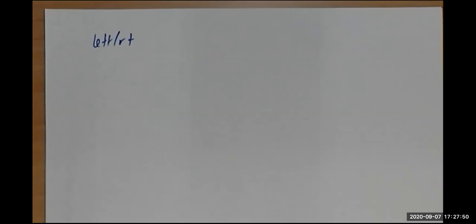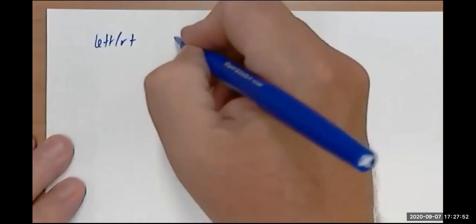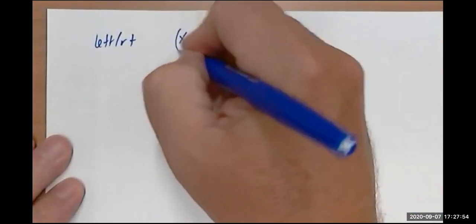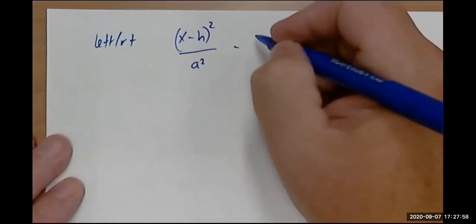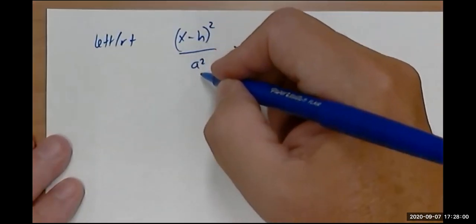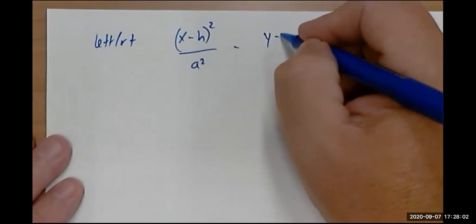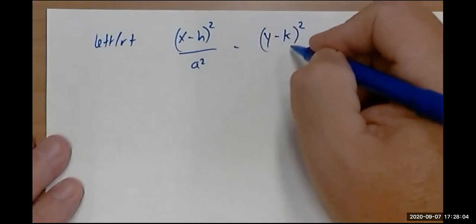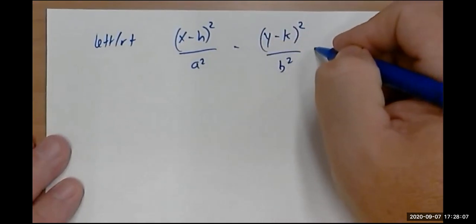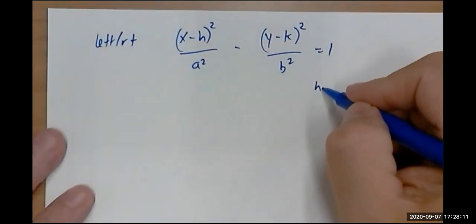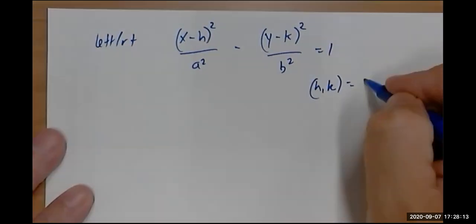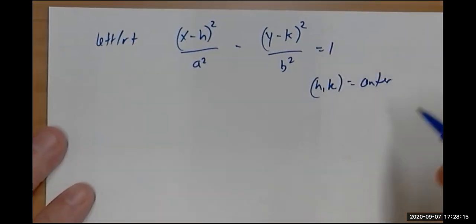So if it's a left or right, we know the standard equation is x minus h quantity squared over a squared minus y minus k quantity squared over b squared equals 1. We know h, k is the center, if we can figure that out.